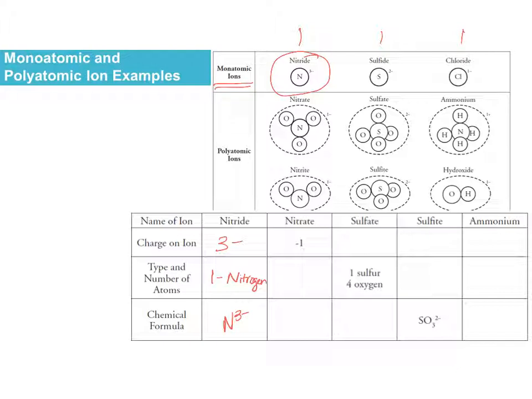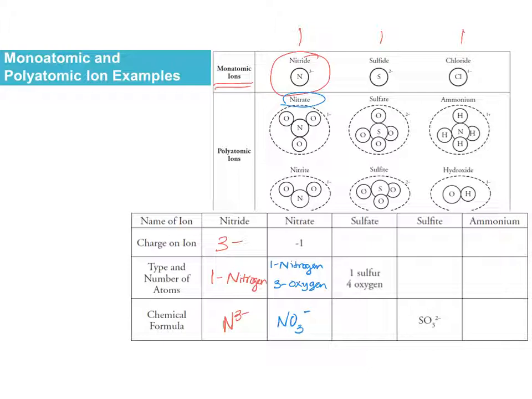Whereas nitrate, its charge is -1. It has one nitrogen and 3 oxygen. So that's going to be NO3-. The little subscript tells you that there's 3 oxygens, and that's going to be -1.